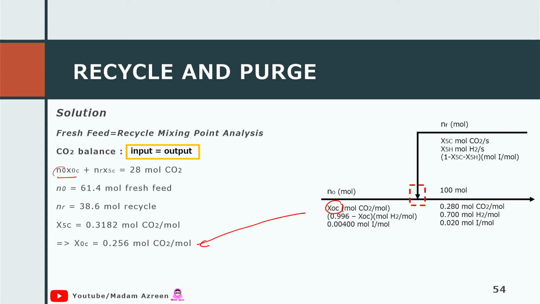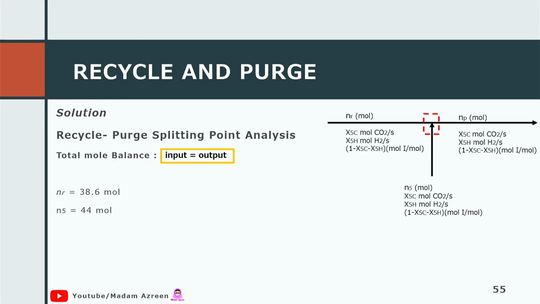It is N0 times X0C plus Nr times X5C, because this is the CO2 balance.